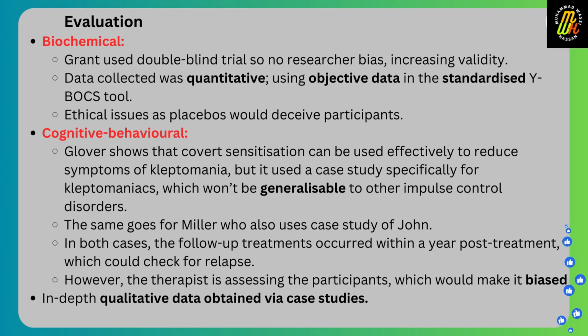The same goes for Miller, who also uses the case study of John. In both cases, the follow-up treatments occurred within a year post-treatment, which could check for relapse. However, the therapist is assessing the participants, which will make it biased. In-depth qualitative data obtained via case studies.